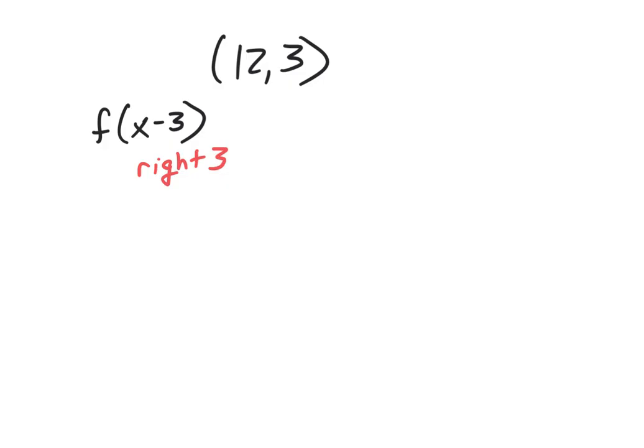X or Y? X, right? So the X value is going to be the one that changes. We're going to take our X value and we're going to move it right 3. Okay, and so in this case, we would say my new point would be at 15.3. We're going to take that point and move it to the right 3 units. The Y value does not change.